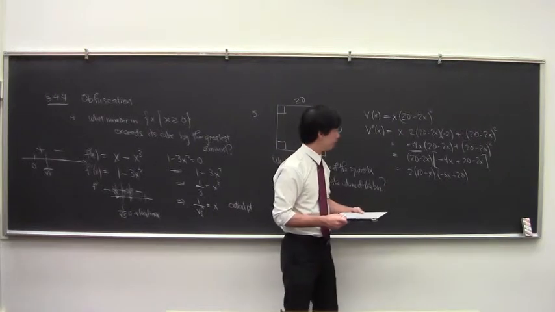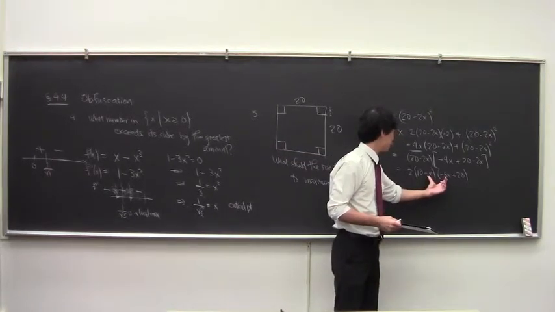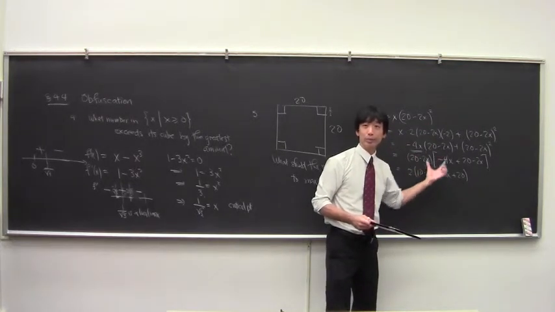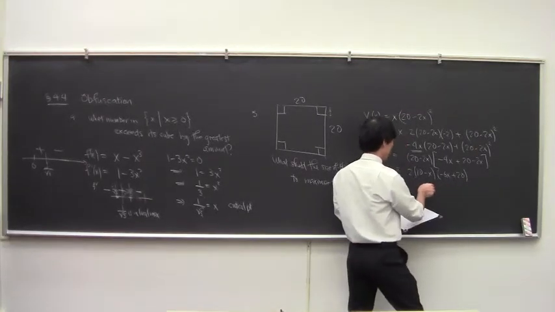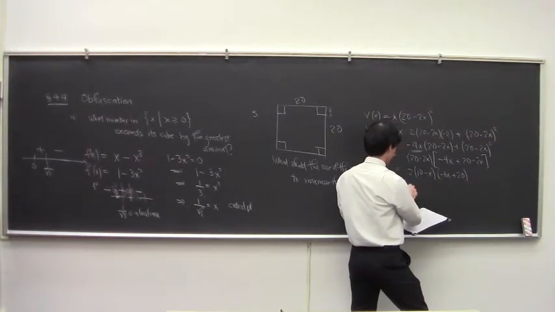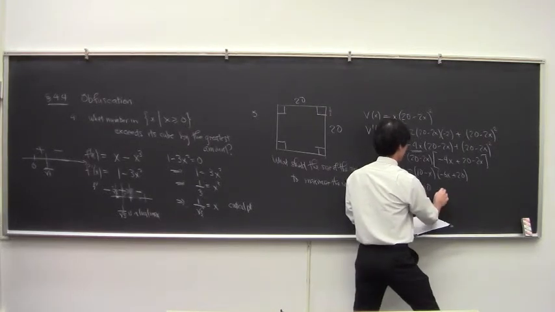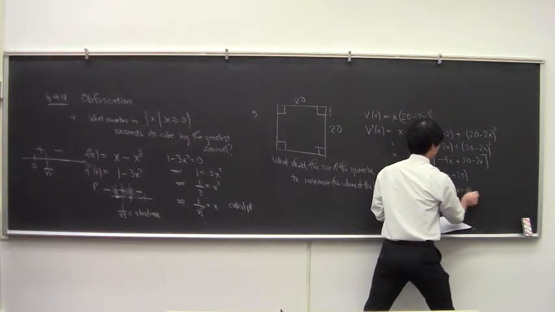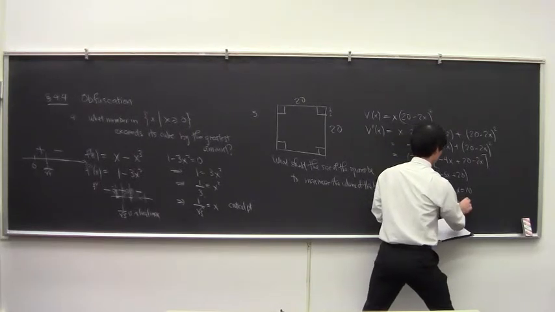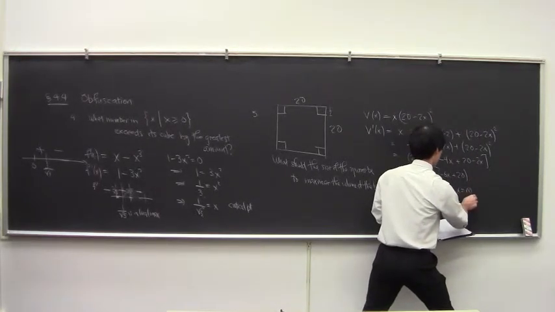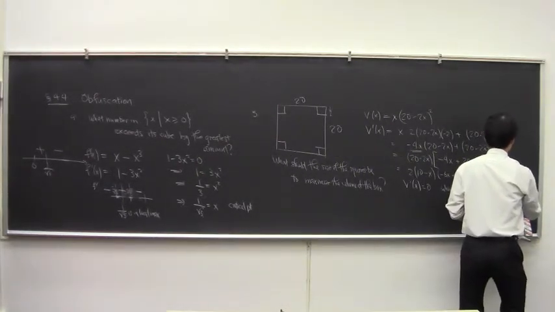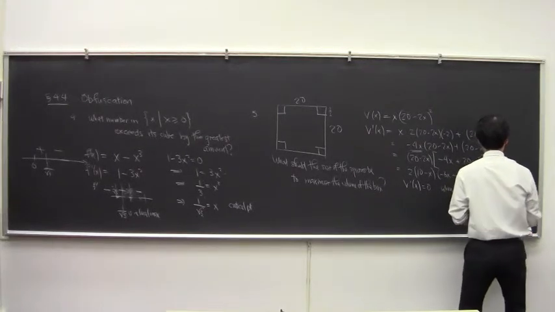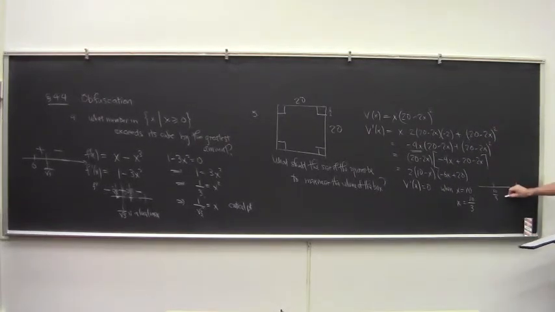So you end up with this. So it's a parabola. It's an upwards going parabola, and this equals 0 when x equals 10, and x equals 10/3. And it's an upwards going parabola, so we know that it's positive here, negative here, positive here.